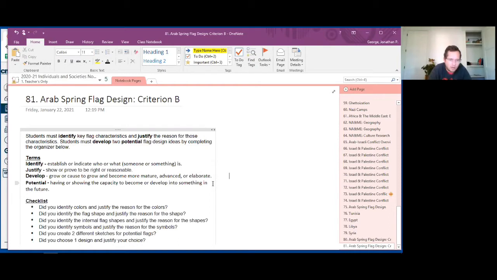Develop: grow or cause to grow and become more mature, advanced, or elaborate. Almost like create, grow, make something. Potential: having or showing the capacity to become or develop into something in the future. So you're going to develop, create, two potential future flag designs for the Arab Spring.